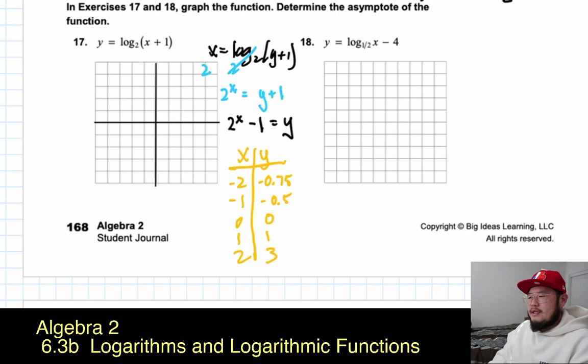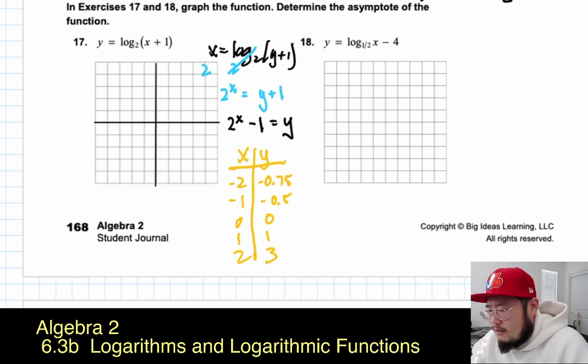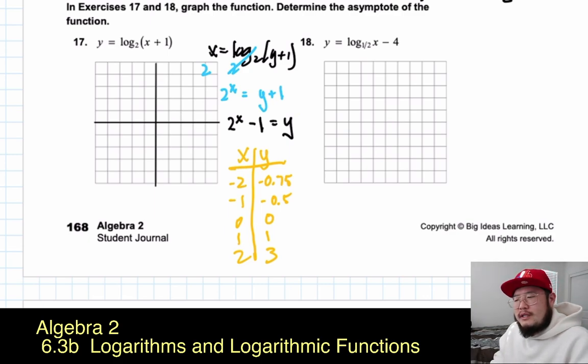But remember, these points right here are of y is equal to 2 to the x power minus 1. Those are not the points of log base 2 of x plus 1. So hopefully, instead of doing a bunch more work, what can we do?